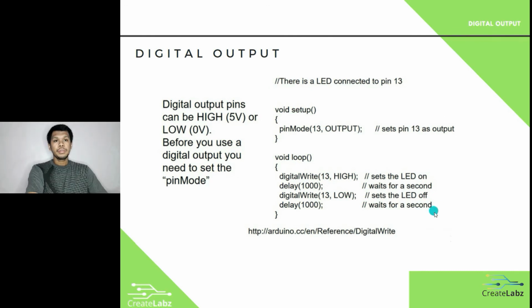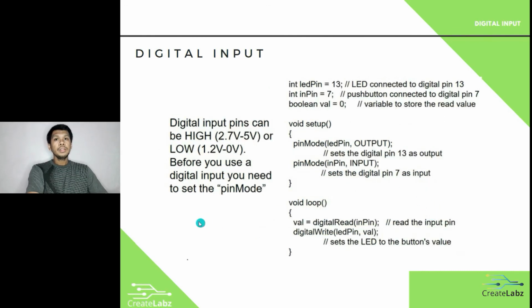Digital input. The Arduino pins can also read if the input pin is either a high or a low. If the pin has 2.7 volts to 5 volts, then it will read it as a high. If the pin has 1.2 volts to 0 volts, then it is a low. Same as digitalWrite, you need to set the pinMode in the setup function.